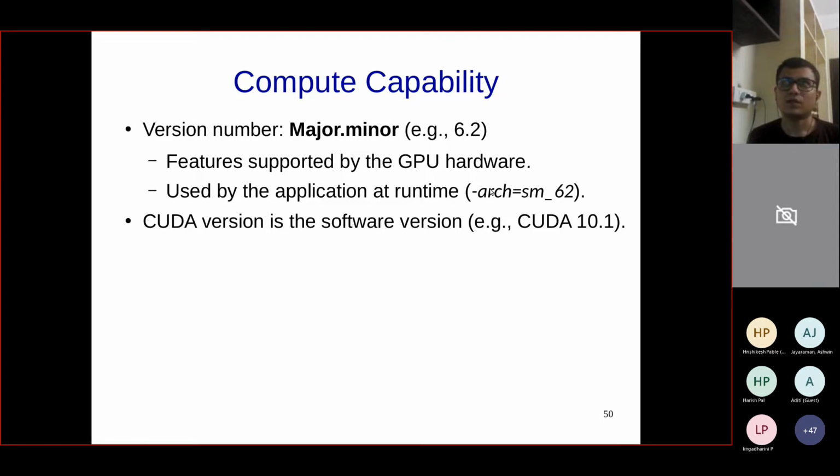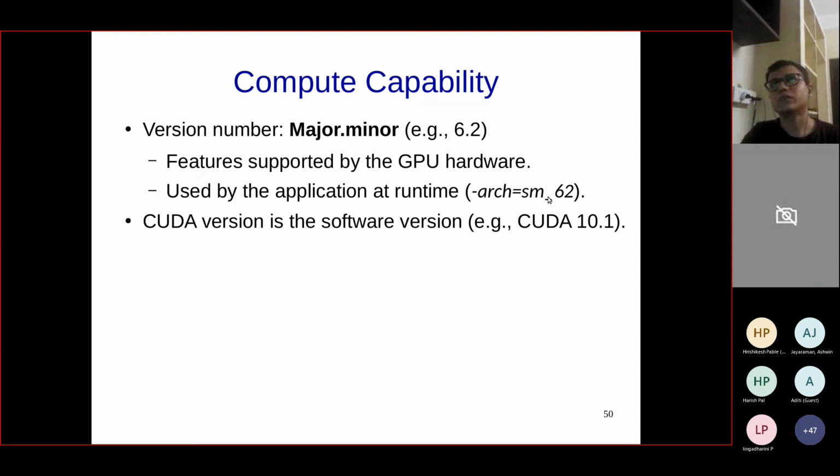Let us say that you have some CUDA compiler and you are compiling your CUDA code using that compiler. By default it will compile using some default version number, let's say 62. But let's say version 62 did not have a few of the features that you were using in your code.